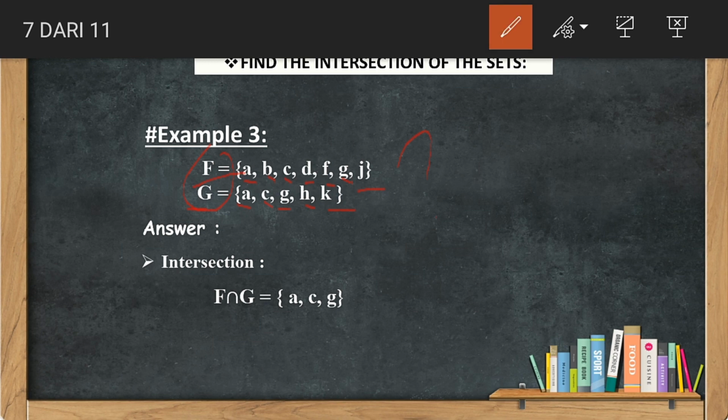Let's see which elements are shared between both sets. Both contain the elements A, C, and G. So the intersection of sets F and G is A, C, and G.